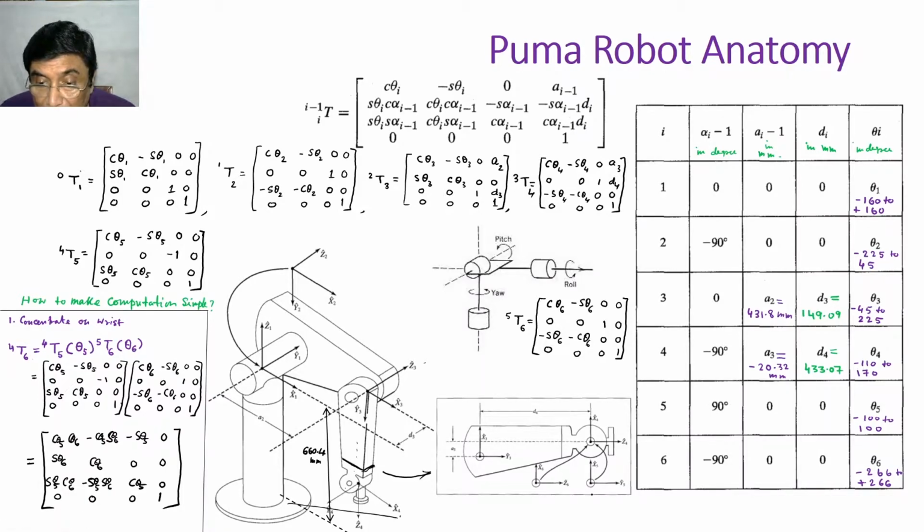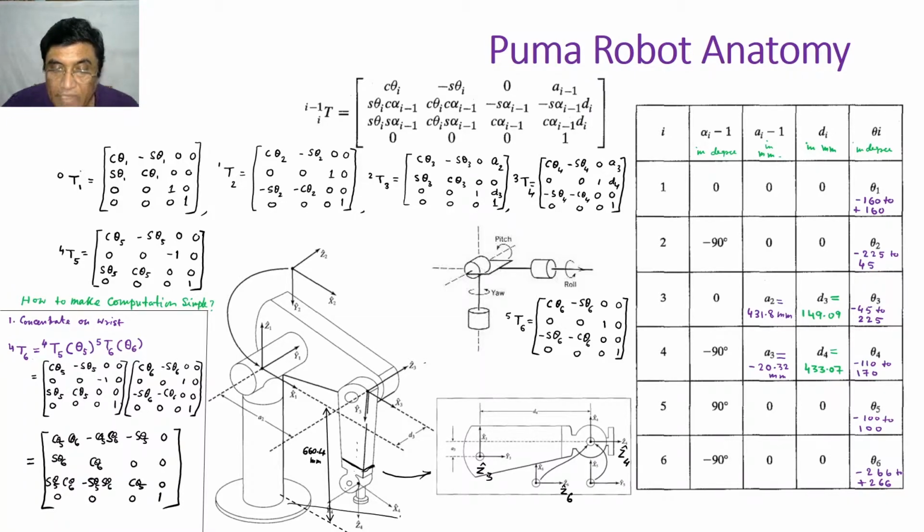Z5 is perpendicular to the plane of the board. And here also you can see Z6. So this is Z6. If it is not clear, Z5 is perpendicular to the plane of the board, and this is Z4, a unit vector. And here also perpendicular to the plane of the board is Z3.